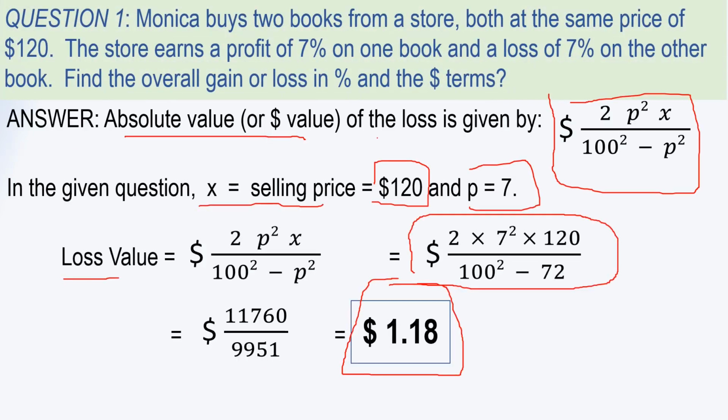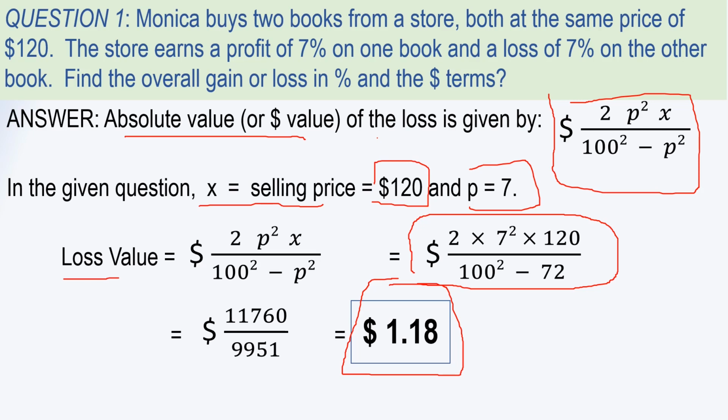And similarly we can apply the other formula and get the absolute value in dollars of the loss that happened to the store. So the question is same, but now we shall apply the formula to get the dollar value of the loss, which is 2P square X divided by 100 square minus P square.